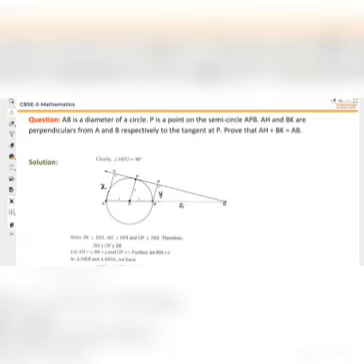Say this point is M. Now let me say this length BM is equal to Z, AH is equal to X, and BK is Y. These are the 3 things which I have taken. Now let me try to find the relation between them.